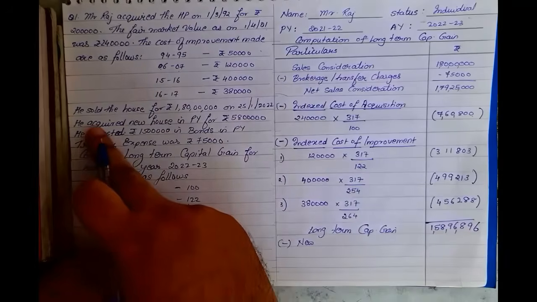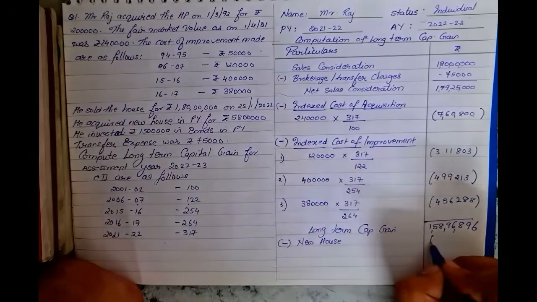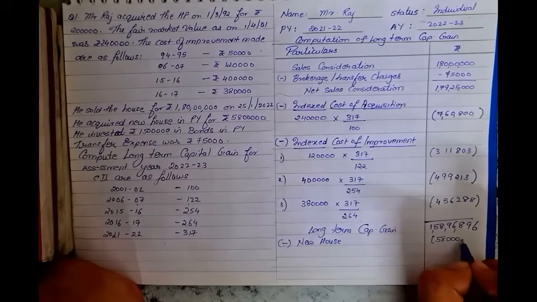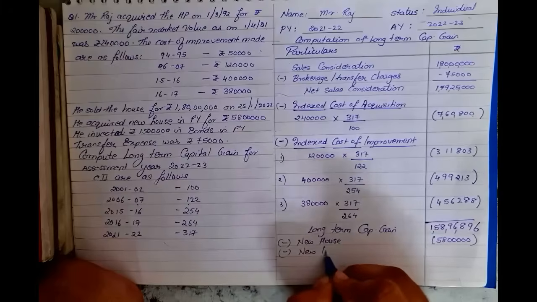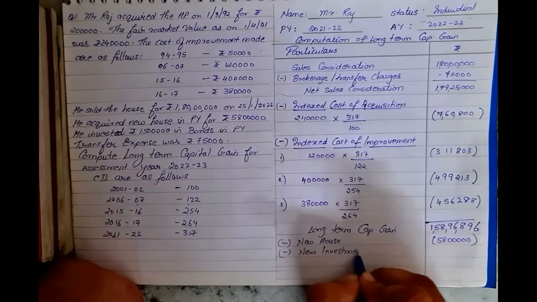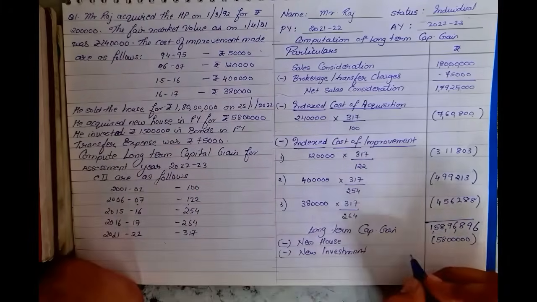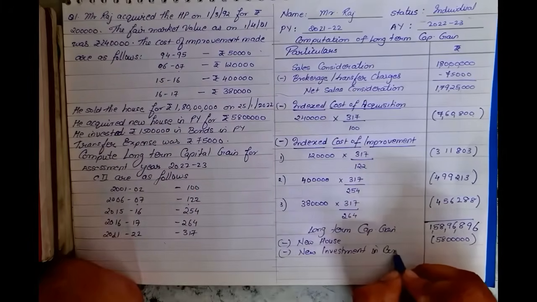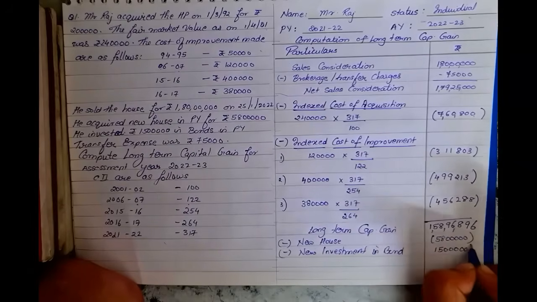From this we will less new purchases. I can see here is given he purchased a new house. So new house, which is 58 lakhs, and new investment, if any. So you are saying new investment in bond. I can see here you have invested 15 lakhs in bonds, so we'll minus even that. So from top to bottom, the only thing you'll have to do is subtract.